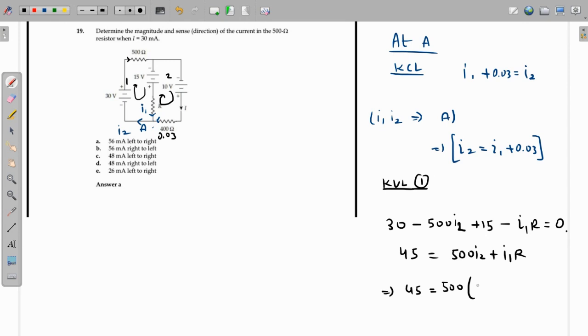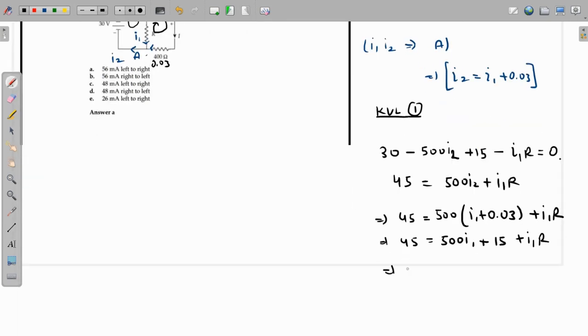So let's replace I2 and write it as I1 plus 0.03 plus I1R. So that's going to be 45 equal to 500 I1 plus 15 plus I1R. Subtracting both sides by 15, we have 30 equal to 500 I1 plus I1R.